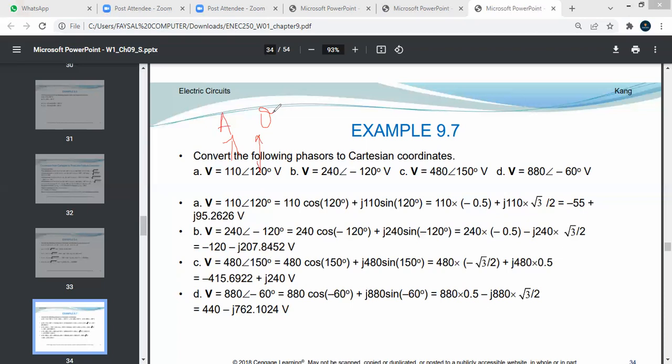So for part number A, it will be written as A cos theta plus j A sin theta.